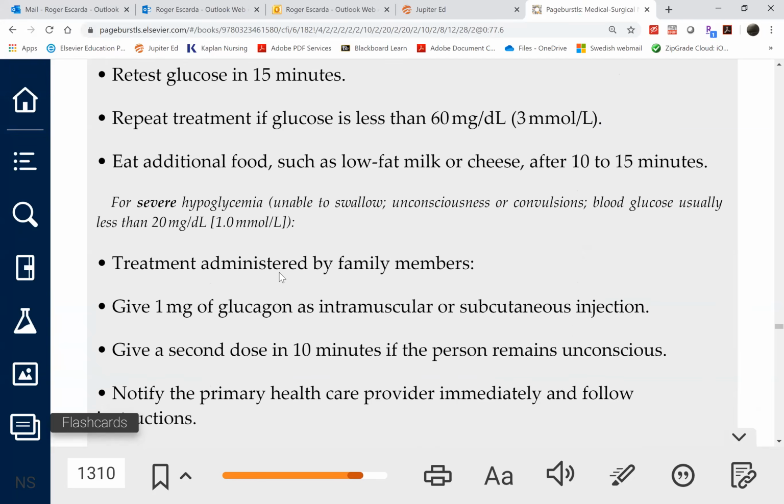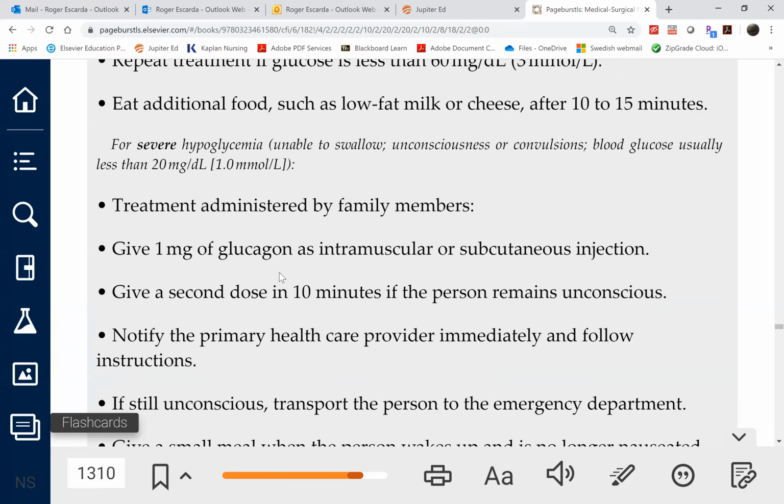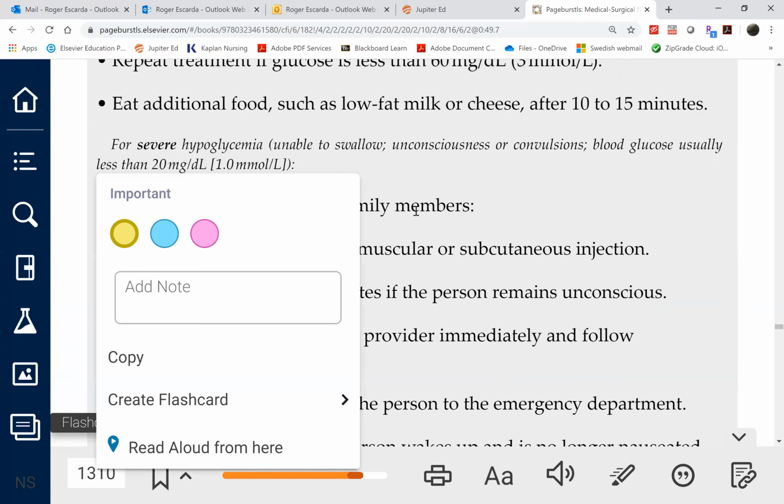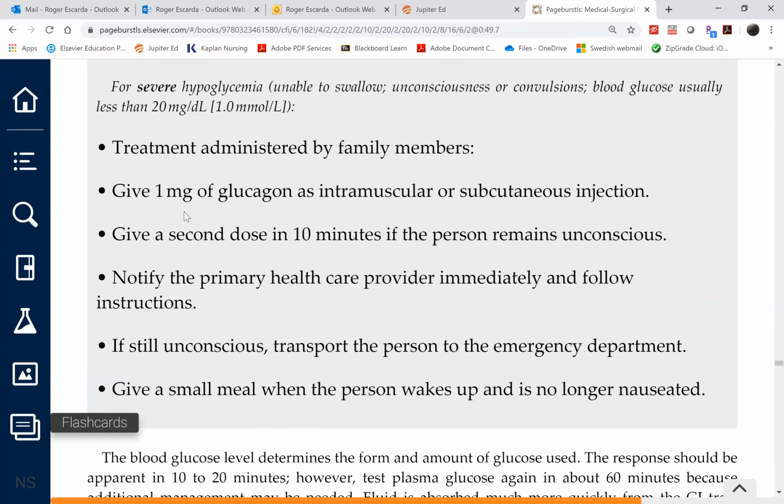Now, finally, for severe, which is now less than 20, most patients here are unconscious, therefore unable to swallow. So that's why it would make sense that your interventions are now parenteral. So you give 1 milligram of glucagon, given either IM or sub-Q.